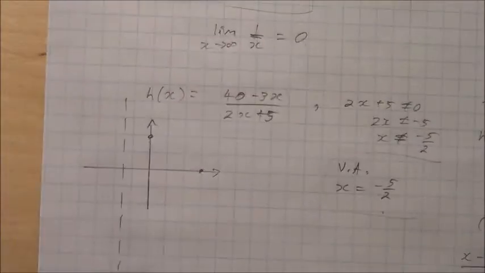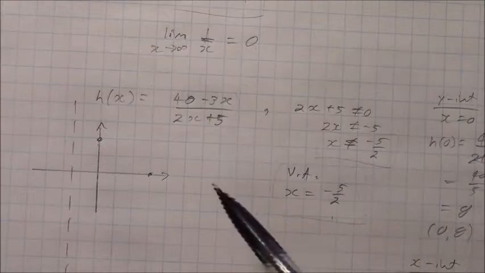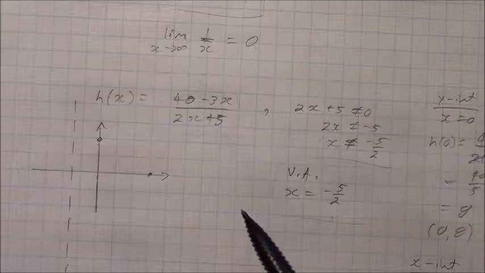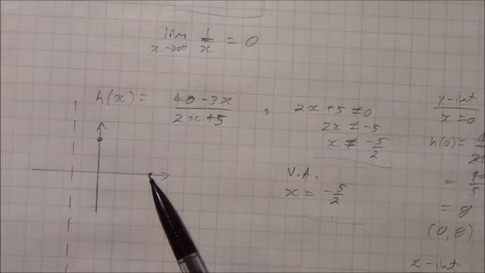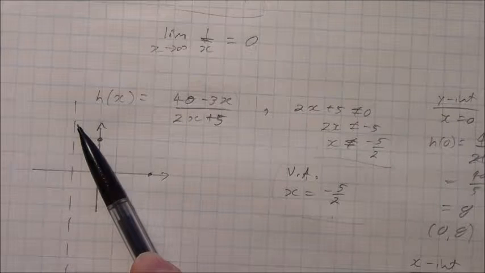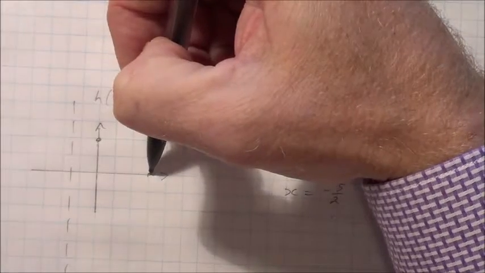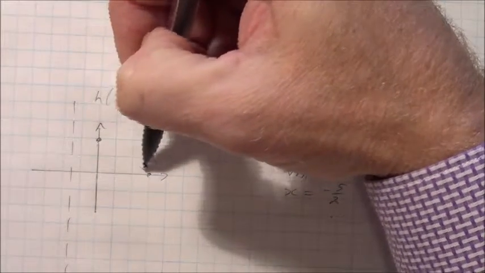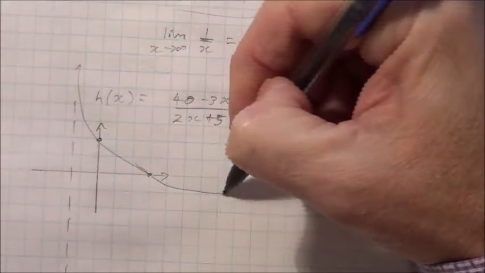Okay, so from my past work with rational functions, I already know what one branch of this function is going to look like. If it goes through the x-intercept here, and it goes through the y-intercept here, and it approaches this vertical asymptote, I have a very good idea that this part of the function is going to be curving up like this, and it's going to be coming down here like this.